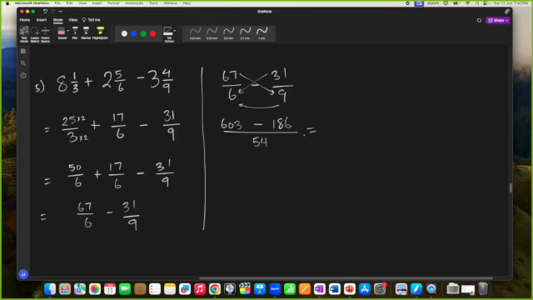And so what you'll end up with is 603 minus 186 is 417 over 54. And of course I will use my calculator to reduce that. I ain't doing that in my head, not this hour of the night. And you should get 7 and 13 over 18 for that one.